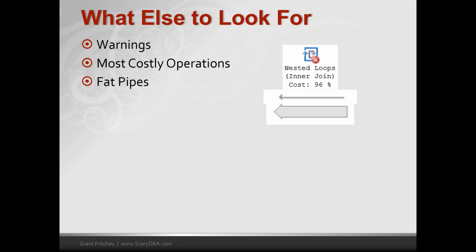If it's going really fat and getting thinner and thinner and thinner as the plan moves across in the physical order from right to left, what you're seeing is late filtering. So it's reading a lot of stuff off disk and then filtering it later in memory. That's a problem. That's a performance issue. You want to filter more off of disk than in memory.